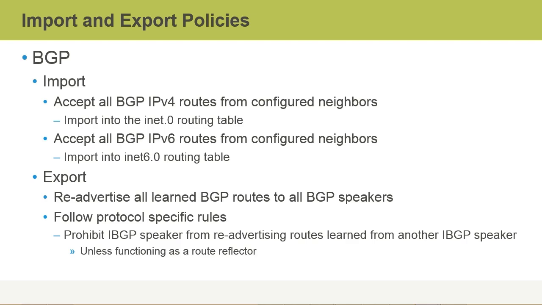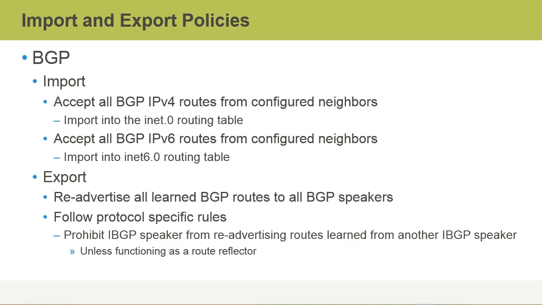So its default action with an import policy is to accept all BGP IPv4 routes that have been configured for neighboring devices and to import those routes into the inet.0 routing table. It's also defaulted to accepting all BGP IP version 6 routes from neighboring devices and import those routes into the inet6.0 routing table.